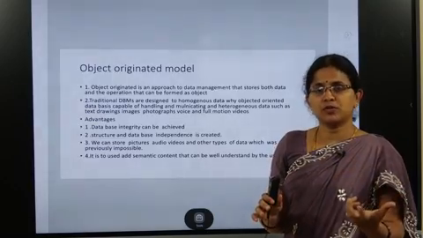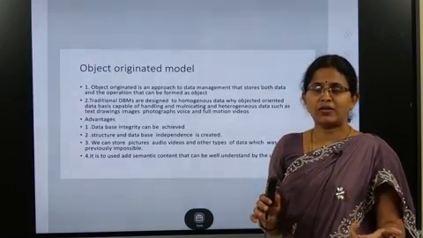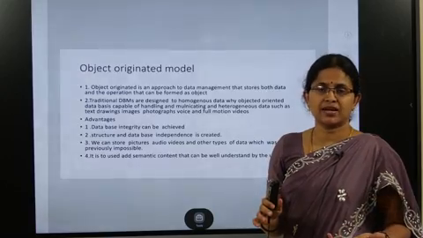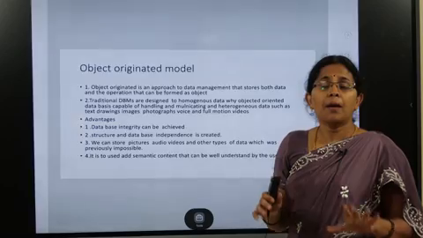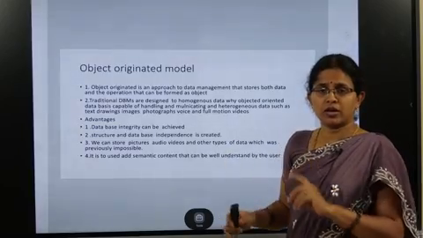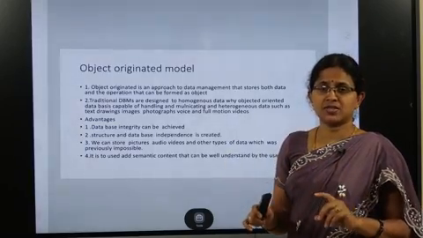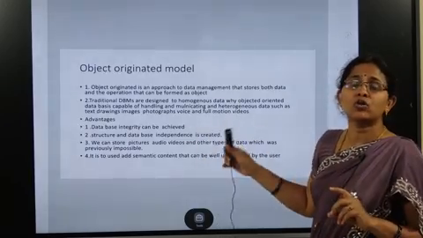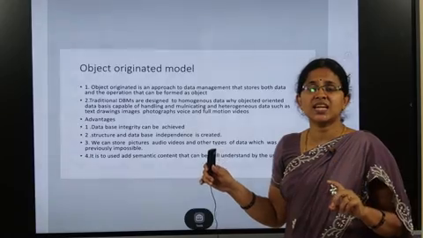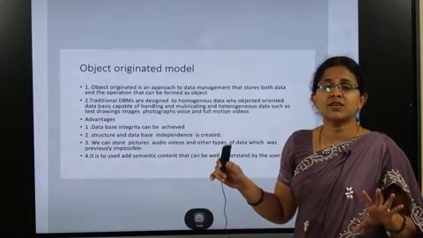So traditional file approach or traditional approach to data management completely relies upon the homogeneous data. But when you come to the modern approach, that is database management system and the object oriented model, it supports the heterogeneous data. Heterogeneous data in a sense various data.